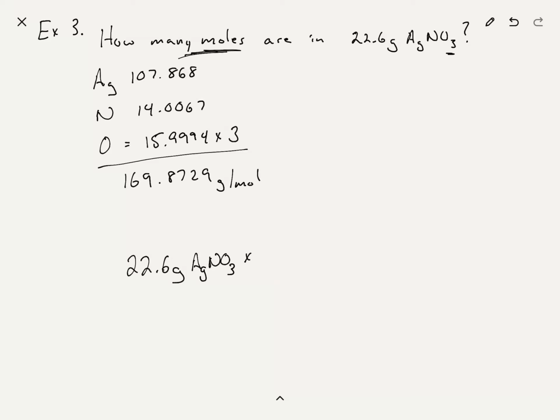We need to get rid of grams and we need to get moles. So we're going to multiply by 1 mole for every 169.8729 grams. So really we're dividing by the 169 number. And then we'll be left with moles.